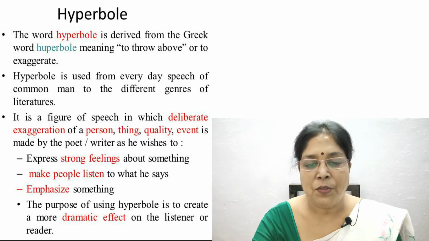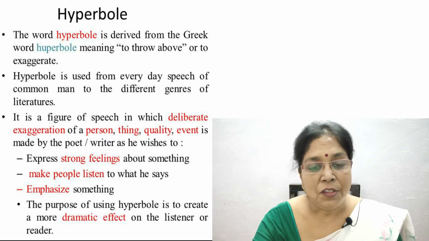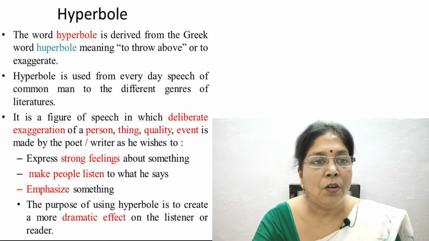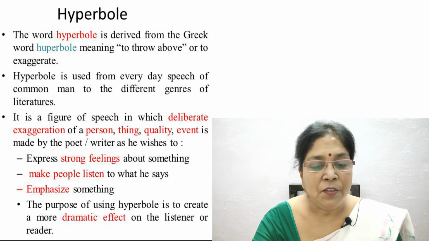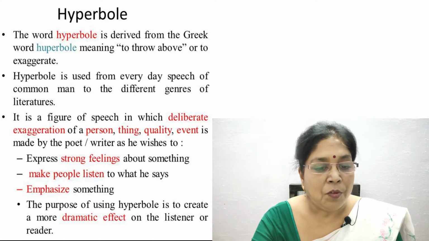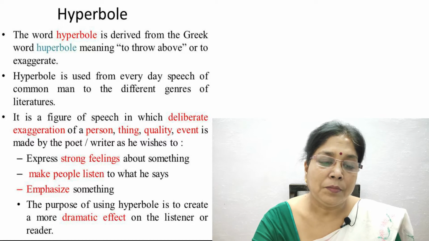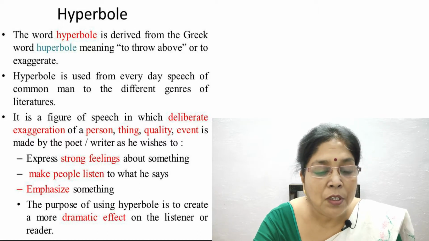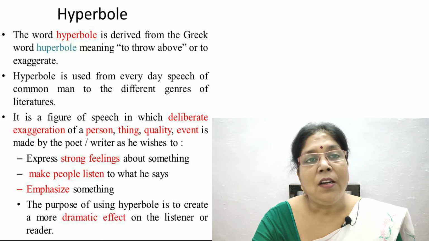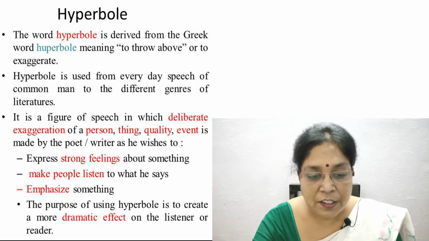It is a figure of speech in which deliberate exaggeration of a person, thing, quality or event is made by the poet or the writer as he wishes to. For what purpose is he using hyperbole? Either to express a strong feeling about something, or to make people listen to what he says, or to emphasize something before the reader.